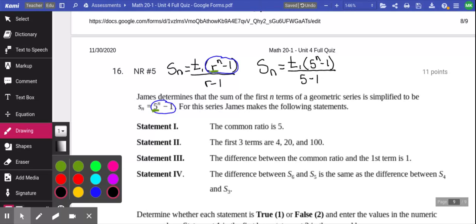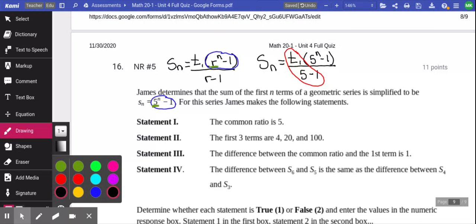This also means that now I can figure out what T of 1 was because it must have canceled out with that 5 minus 1. So he must have had S of n equals 4 times 5 to the n minus 1, divided by 4, because 5 minus 1 is 4. These things would have canceled, and that's how he got this formula.